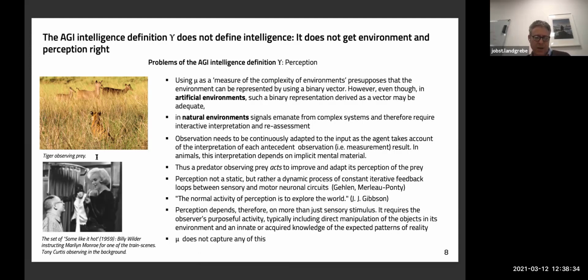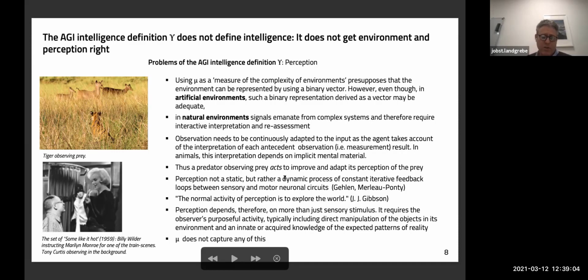So the tiger adjusts all the time to the moving targets of his prey. He reacts to them. He actively moves and does active perception. To speak in the terms of ecological psychology, Gibson, this is actually an affordance. The situation presents him with an affordance, which is conveyed by information that he's actively perceiving, and this observation needs to be adapted.